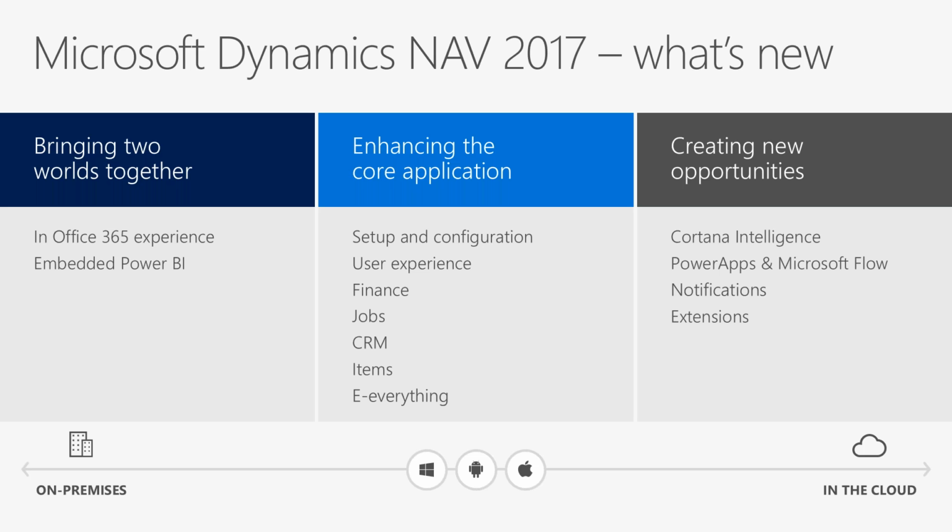This is seen in the ability to extend Microsoft Dynamics NAV 2017 to an even greater extent than we have in the past, and to do so in a way that truly makes sense for your customers, so that they aren't bogged down in the upgrade process as they go forward.